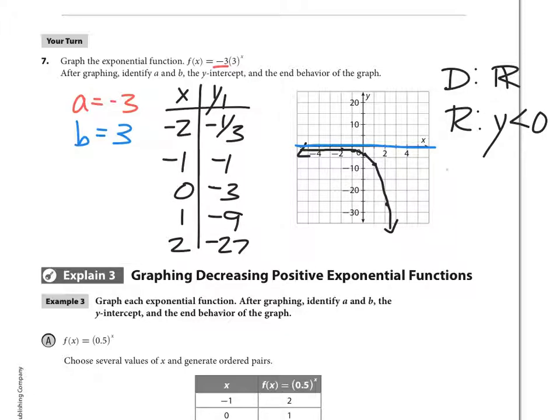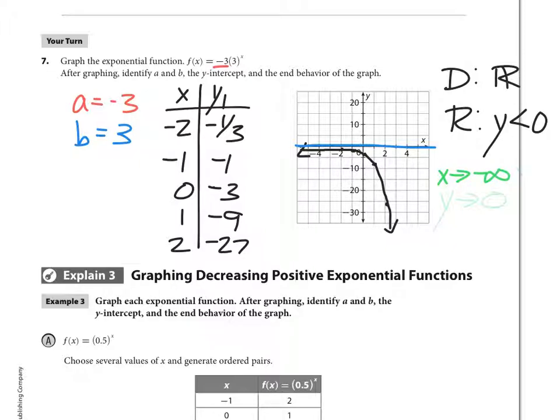So for our end behavior, as x goes to negative infinity, so we trace the function going to the left, it goes to 0. Sorry about that, I don't know why it's not writing very well. I'll write it underneath it. Y is going towards 0.